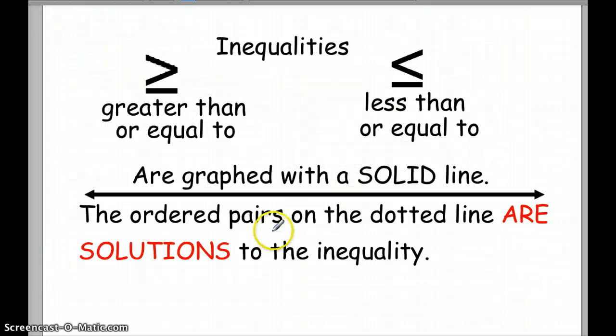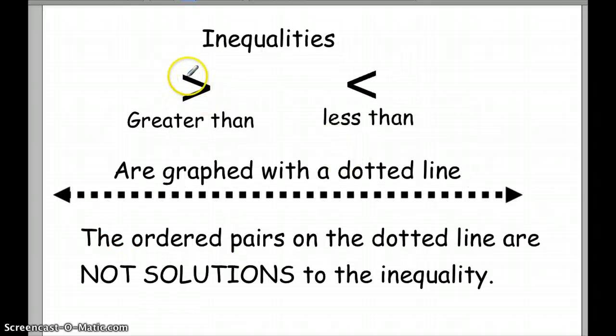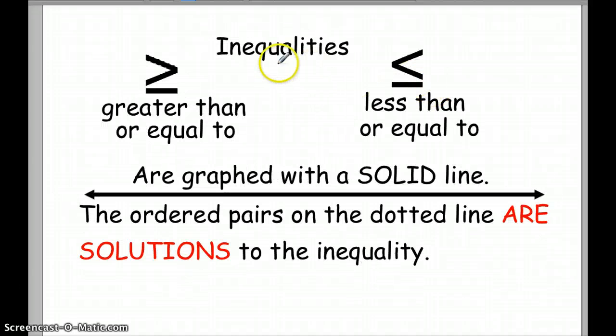Okay, let's summarize. Inequalities that have greater than or less than signs are graphed with a dotted line. The ordered pairs on the dotted line are not solutions. Inequalities that are greater than or equal to or less than or equal to are graphed with a solid line.